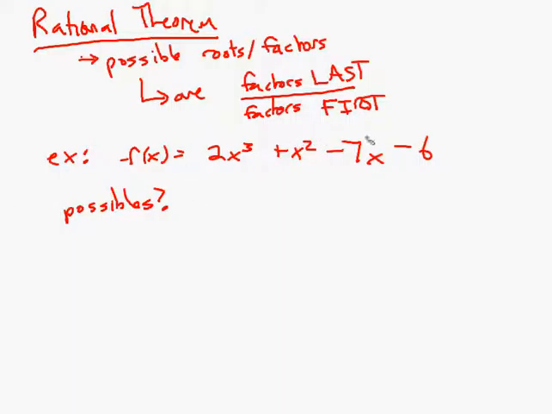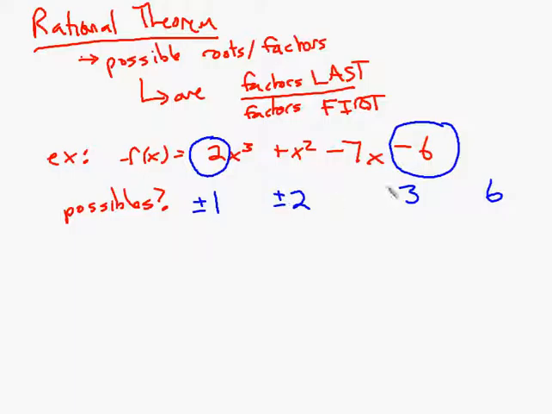Well, what do I mean? The last term is negative 6. The first term is 2. So the factors of 6 are 1, 2, 3, and 6. Plus or minus, right? Lots of combinations there. And the factors of 2 are plus or minus 1 and plus or minus 2.